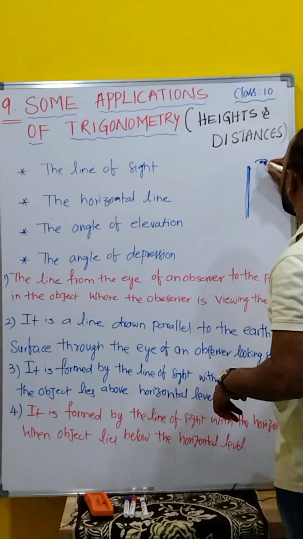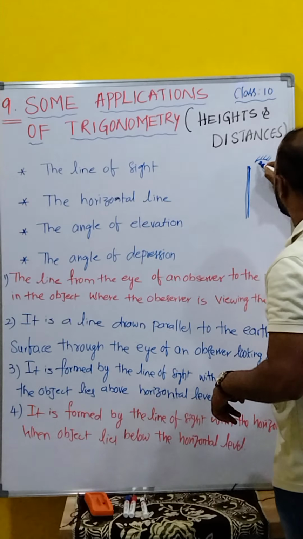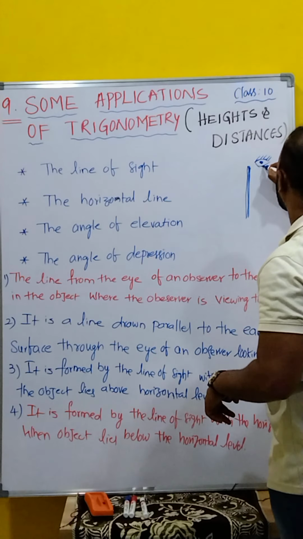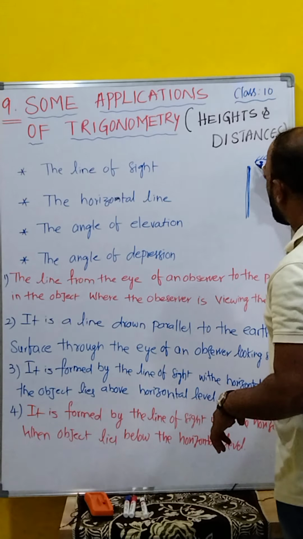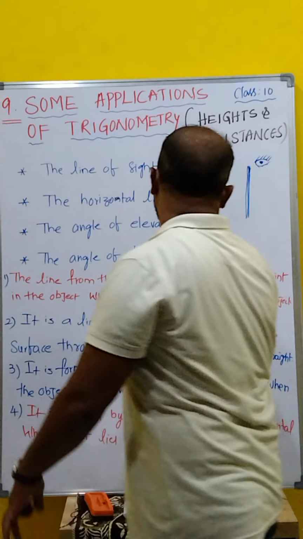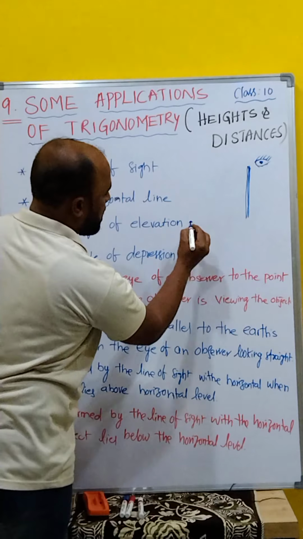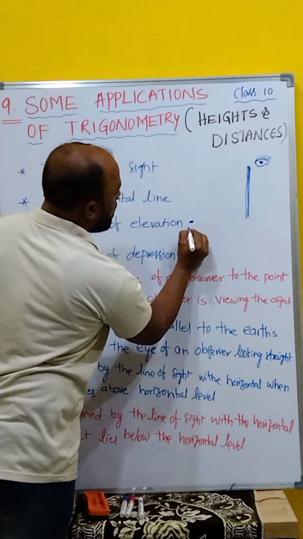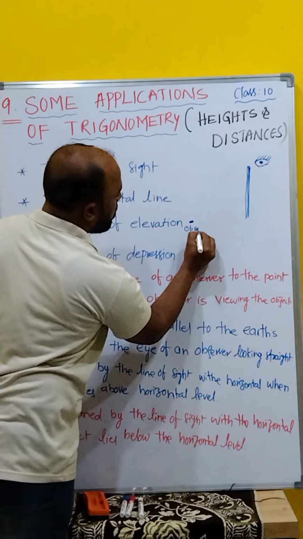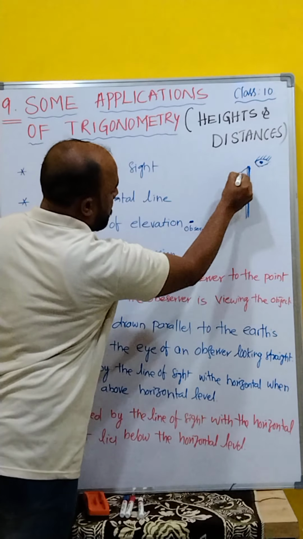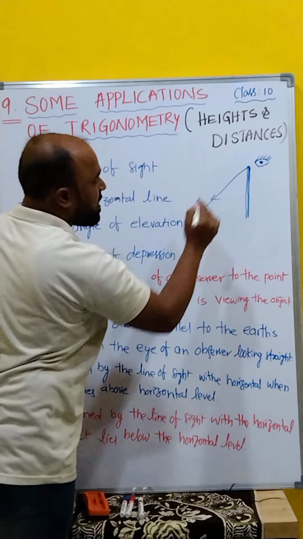That means we are observing exactly down. The object is down, generally something observed like a car, whatever it is. Okay? Observer. The line of sight is this way.